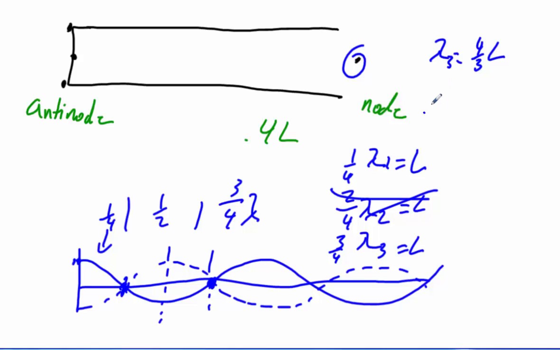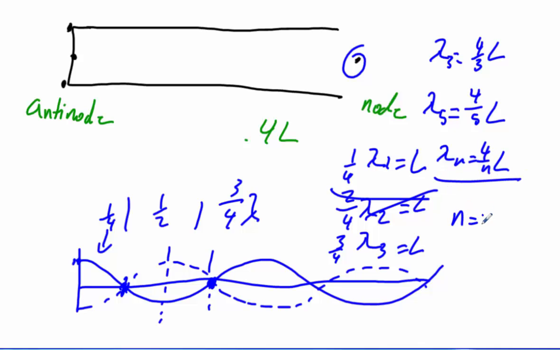So we have lambda 1, lambda 3, lambda 5, and the wavelength of that harmonic is given by 4/n times the length of the tube. So lambda n is 4/n times L, but in this case, n is equal to 1, 3, 5. It is not equal to all the integers, it's equal to only the odd integers, because we're always going to have this odd step since the ends are opposite instead of similar.